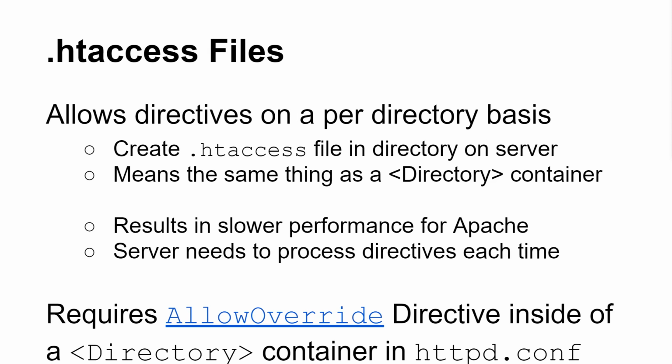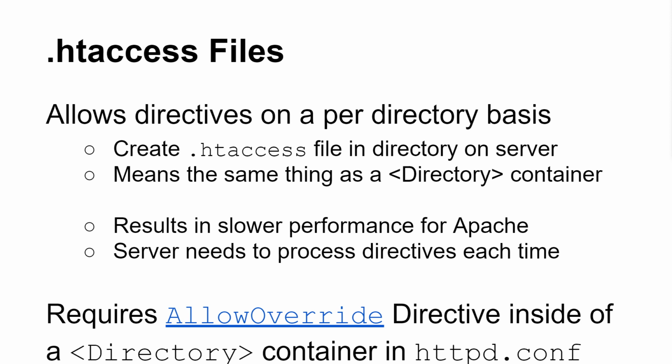The htaccess file I mentioned can be uploaded by content creators. As the admin, though, you have to put the AllowOverride directive inside of a Directory container, saying that for the directories contained within whatever path you're going to provide, if they have a .htaccess file, go ahead and use the options that are contained in that .htaccess file.